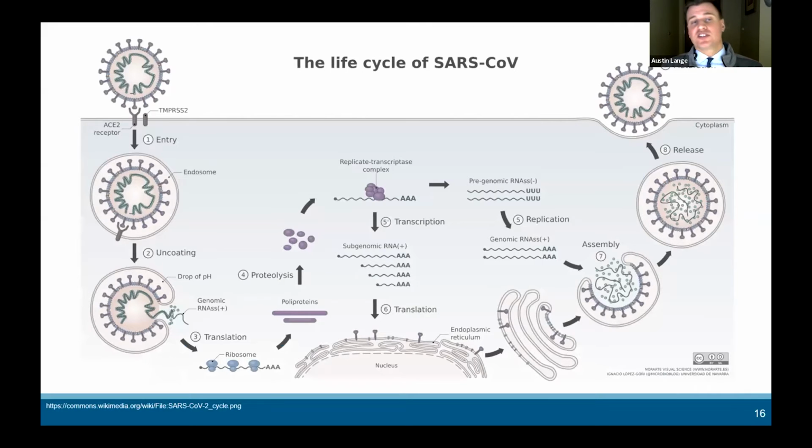The life cycle of SARS-CoV-2 is depicted here. I won't go into extreme depth, but entry occurs, as I mentioned, with the spike glycoprotein interaction with the ACE2 receptor. It enters into an endosome, which drops the pH and then promotes the uncoating and release of the nucleocapsid into the cytoplasm. The positive sense RNA genome is then translated to polyproteins and lysed for replication.